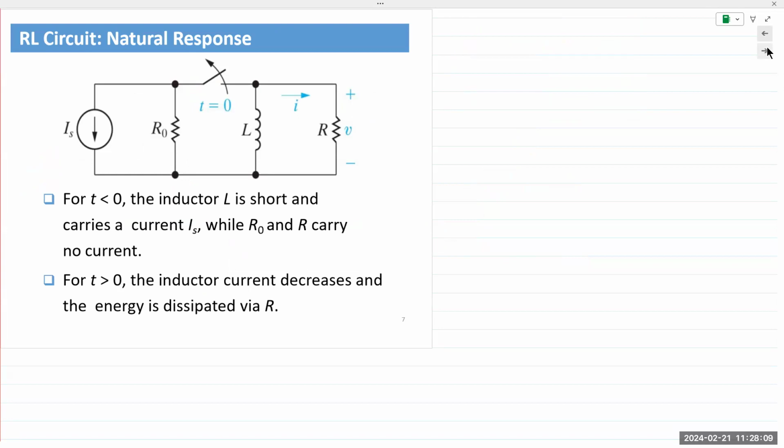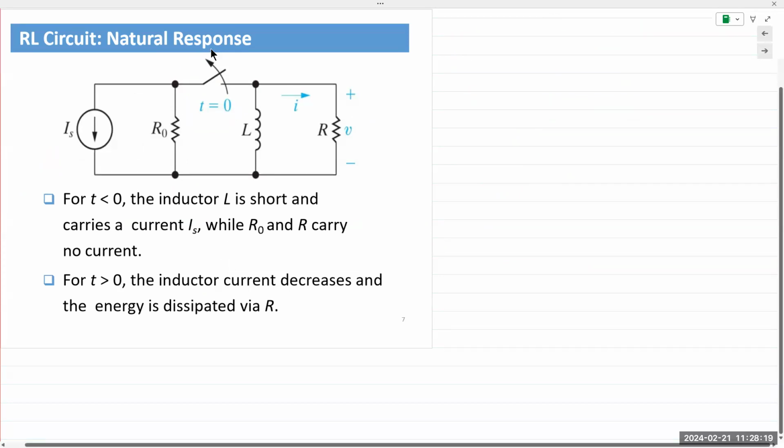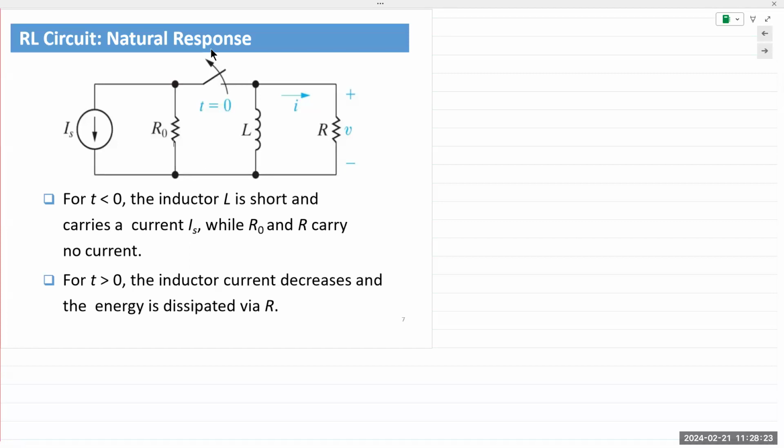So the concepts that you need to be familiar with, starting with the switch first. On the face of this, what do you think this means? We have the time listed, t equals 0. That can simply be the moment in time at which we begin our analysis.